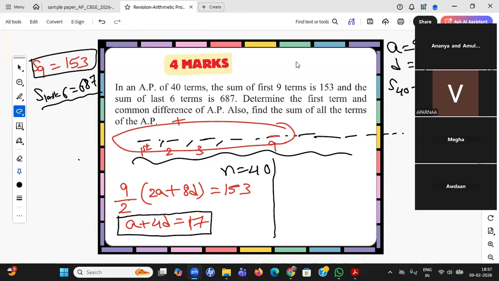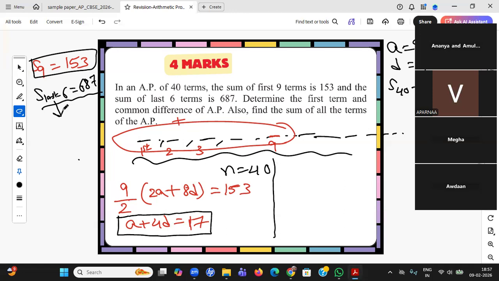Yes, go ahead, student. Sir, should we put 40 minus 34? Yes. Very good, absolutely right. What she is saying, sir, we don't have a formula for the last 6, we have a formula for the first 6.